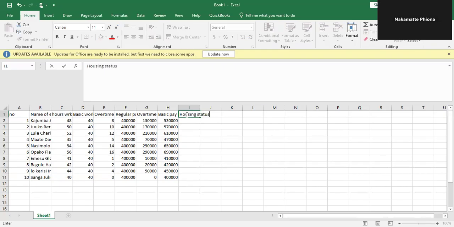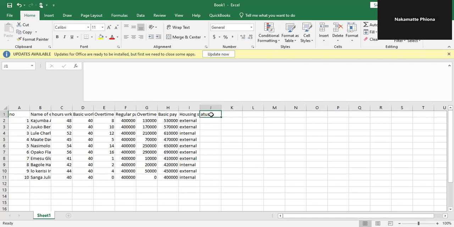Number 3 is internal, number 8 also internal, and number 10 internal. The others are external because they are not staying in university houses. For utilities, these ones are charged 85,000 each.